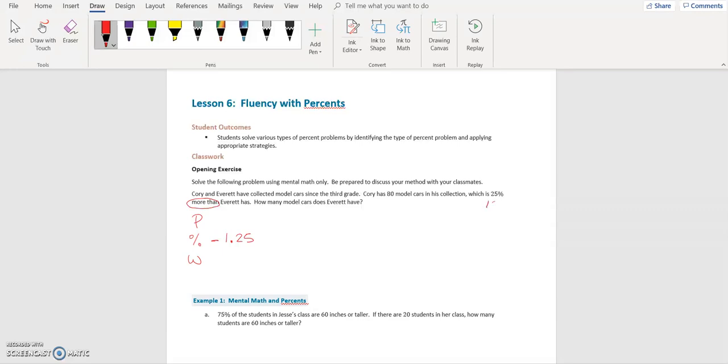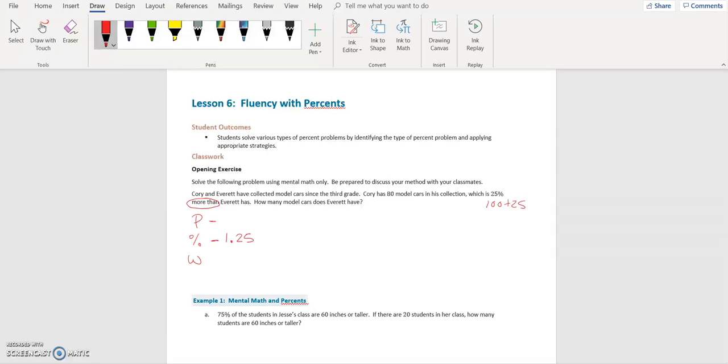We did 100 plus 25, and then we moved that decimal 2 places to the left. And we want to know how many Everett has.